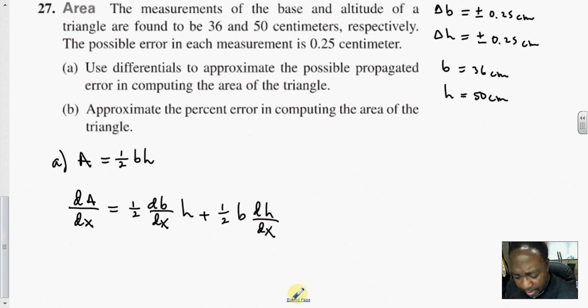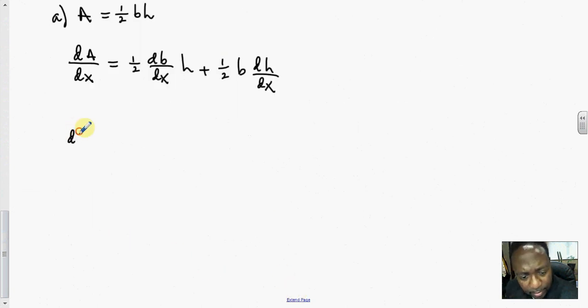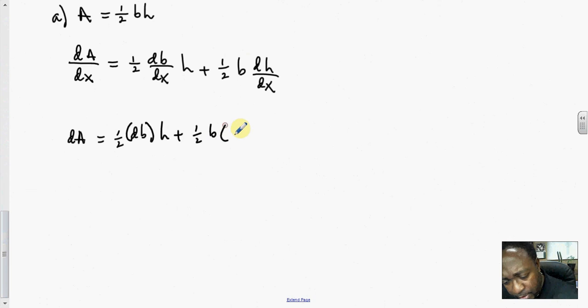Multiplying through by the dx's, we have dA is equal to 1/2 times the differential of b times h plus 1/2 times b times dh.